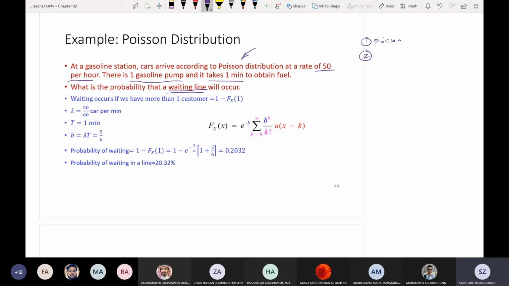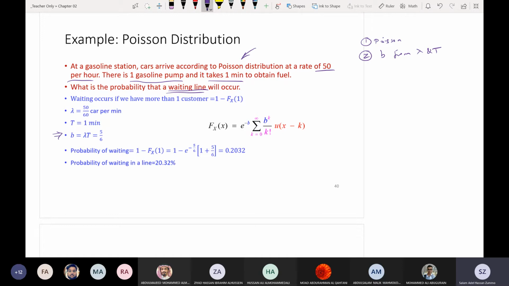What are the parameters of Poisson? Lambda and T, which give me B. Basically, the important thing for me is B. Poisson has only one single parameter, which is B. B depends on lambda and T. Once I have lambda and T, I can get B.